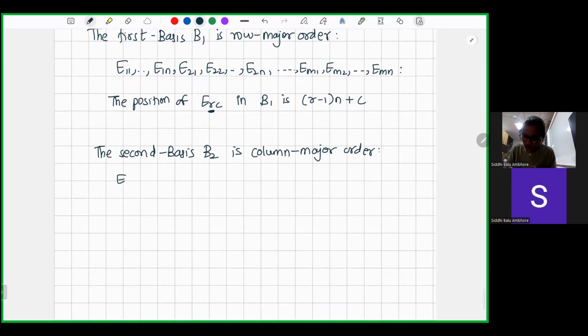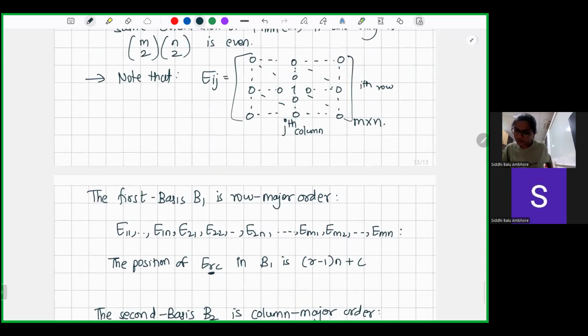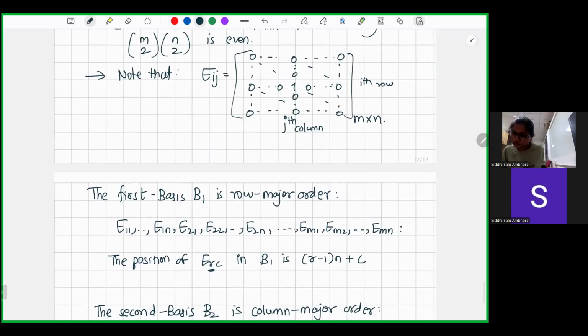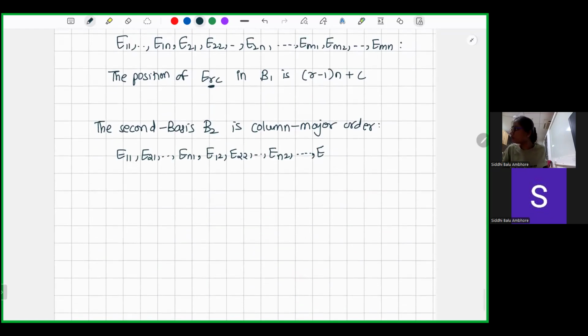So it is E11, E21, up to Em1, and then E12, E22, up to Em2, and so on. And then it goes to... we have n columns, right?